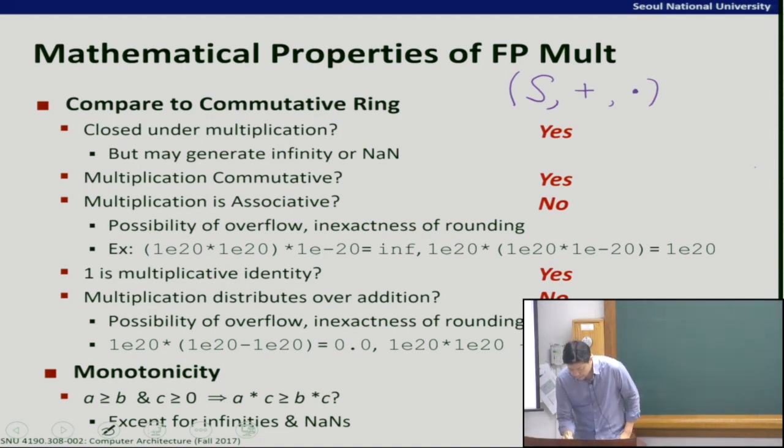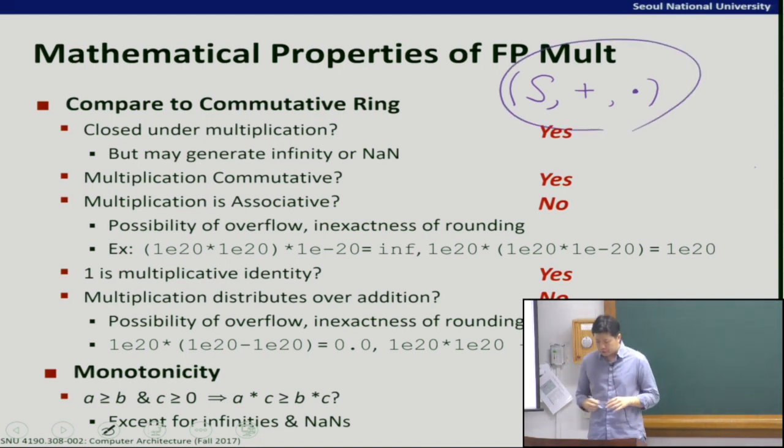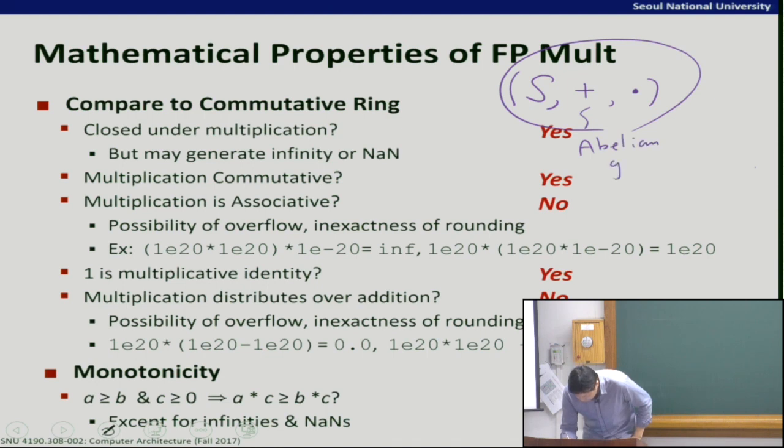Then this set and two operators form a commutative ring if, I don't want to go into too much detail, plus forms an abelian group, and for these two operations the distributive law holds. If those two conditions are satisfied, then this is called a commutative ring.